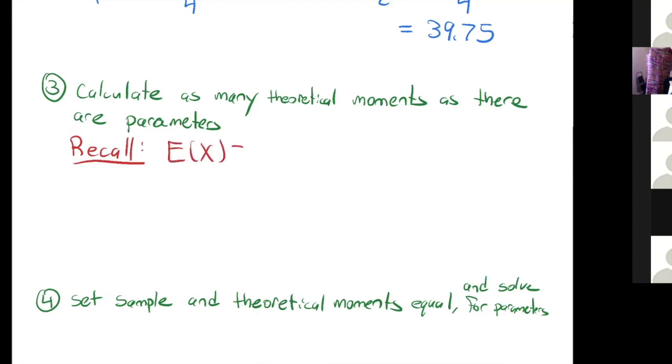One of them was that the average value is the midpoint between the maximum and the minimum value. The other one that you may not recall is the variance. We also have a formula for that, which is the distance between the max and the min squared, divided by 12.